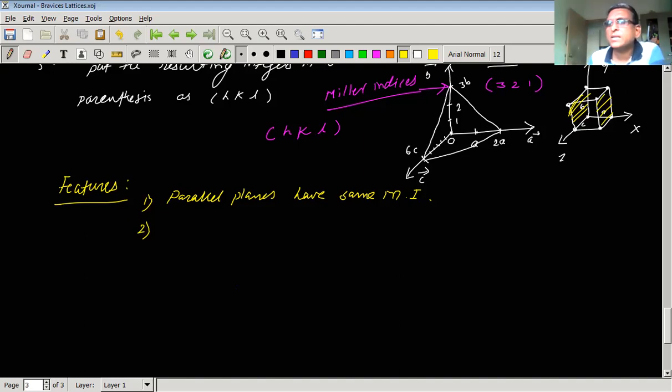A plane parallel to one of the coordinate axes has an intercept at infinity, and the corresponding index is 0.